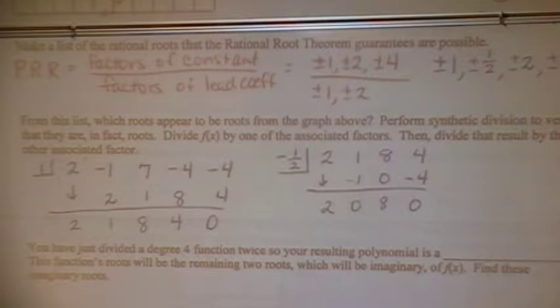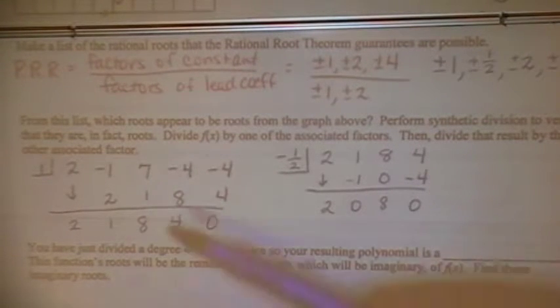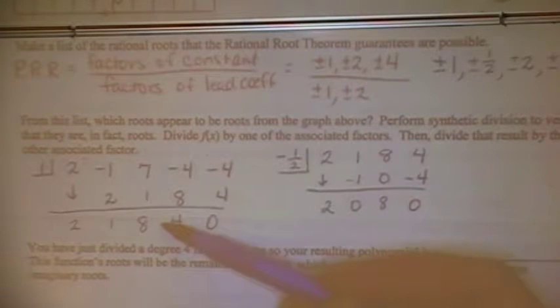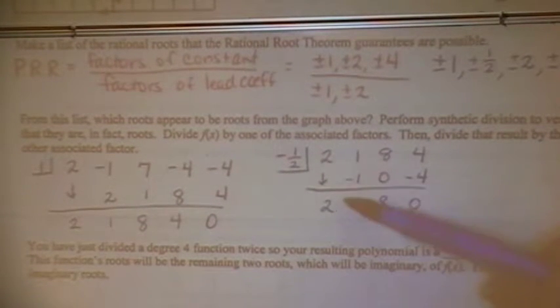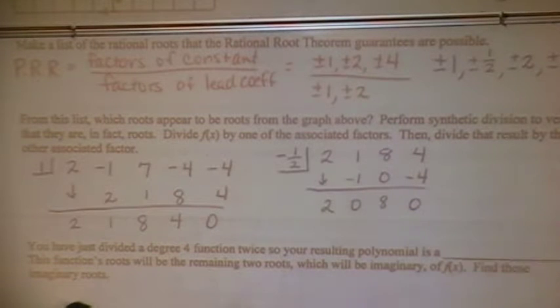Okay, so again, we started quartic, which means when we did this division, that got us down to cubic, and then this division gets us down to quadratic. So that would be 2x squared plus 0x, but you don't have to do that, plus 8.